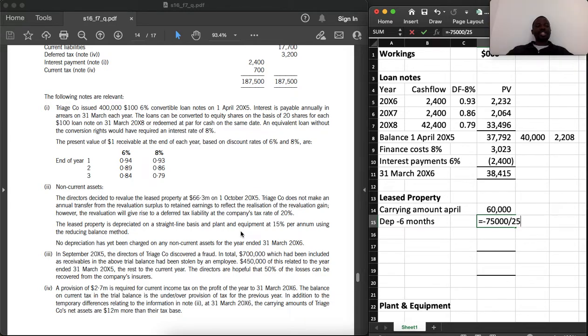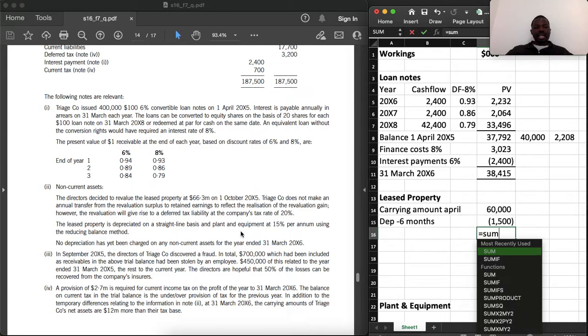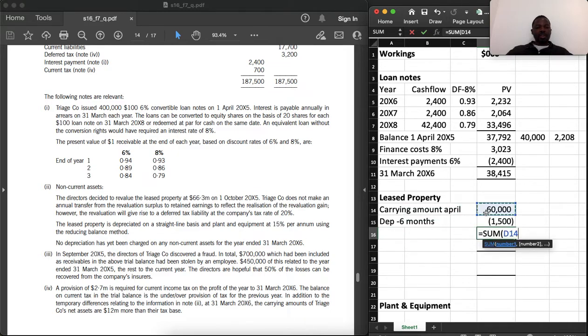We get the depreciation for 1 year. Then we multiply it by 6 divided by 12 to get the depreciation for 6 months. That is 1.5. Then we sum up with the opening balance. Now this is the balance at 1 October 20x5, like that.